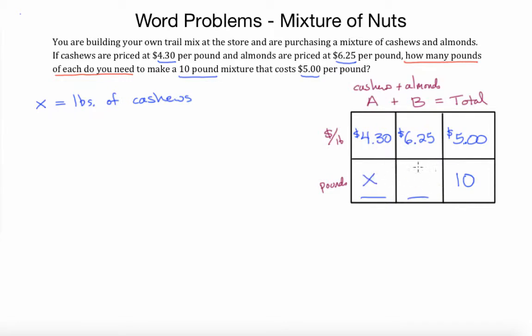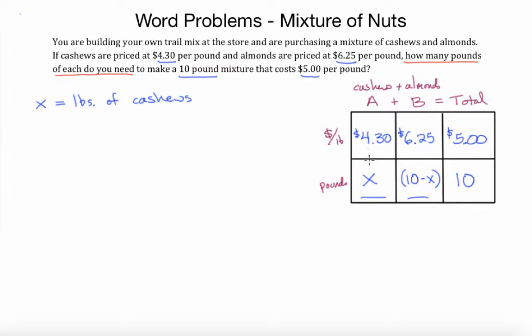So in this column then, if the total is 10 pounds and x amount of that is cashews, then I subtract off that x amount, and the leftover is an expression that represents how many pounds of almonds. I can add them together: x plus 10 minus x will add up to 10 total pounds. So we've got two unknowns, but I can use one variable to represent those two unknowns because they add up to one total.